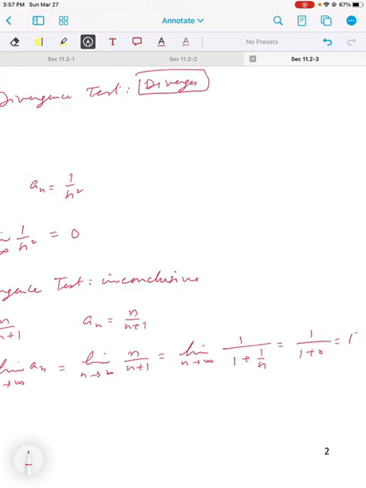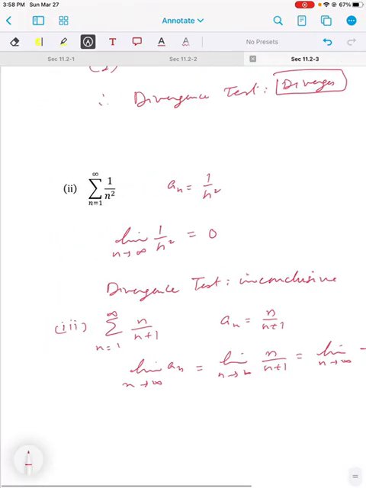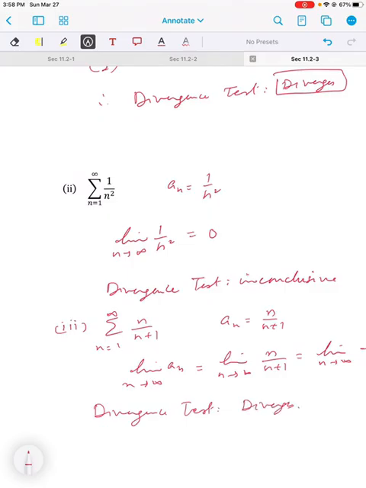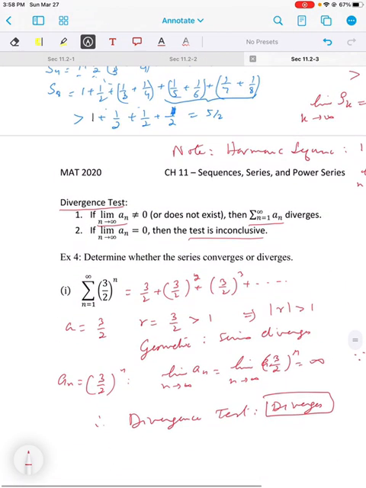So since we got a number which is not 0, by the divergence test, the series diverges. That's what the divergence test said: if the limit is not equal to 0, which means it is equal to a number, then the series will diverge.